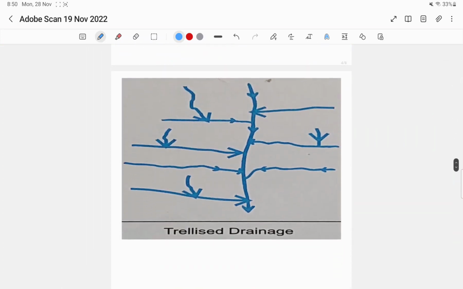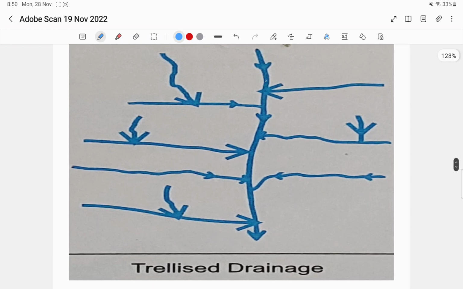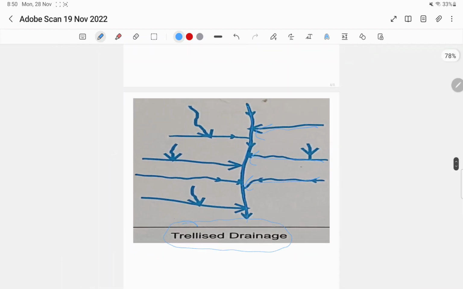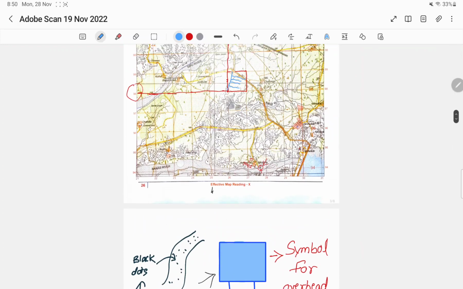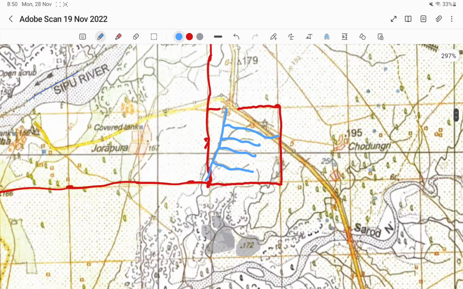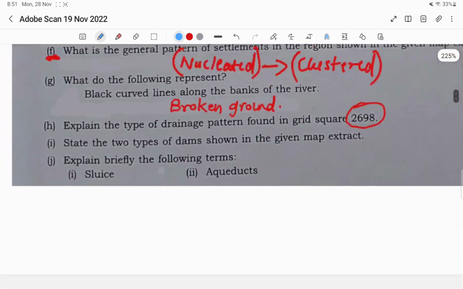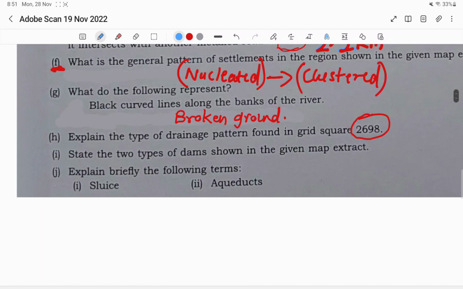This type of drainage pattern is known as the trellised drainage pattern. So the answer for the drainage pattern in the grid square 2698 will be trellis drainage pattern.